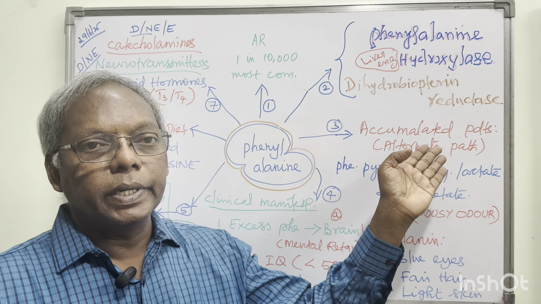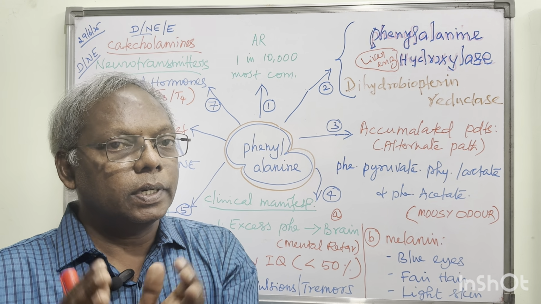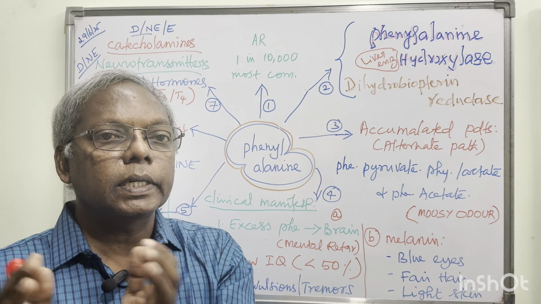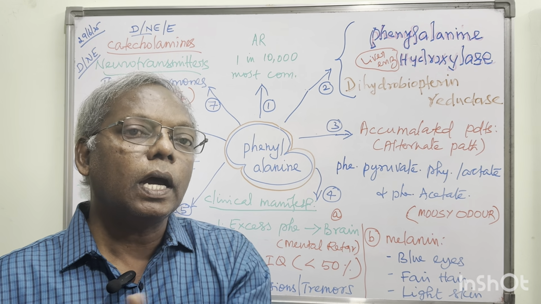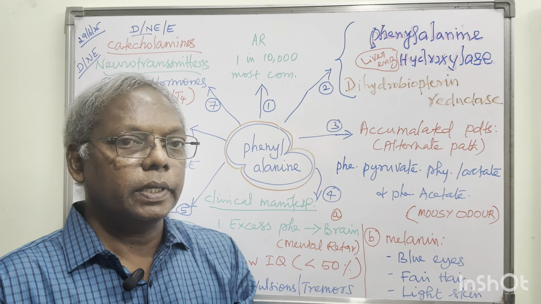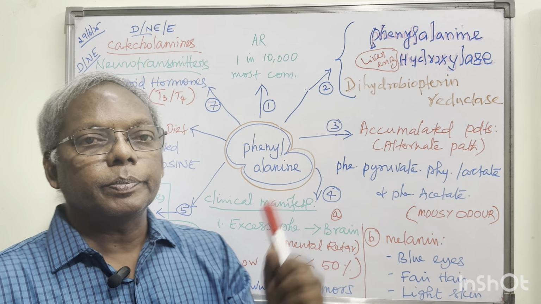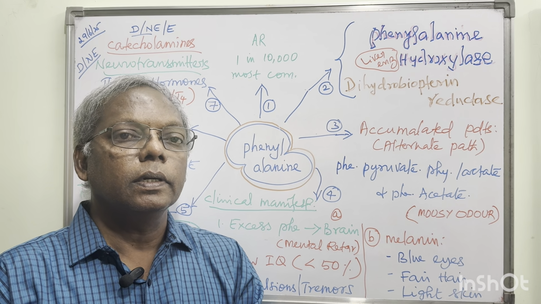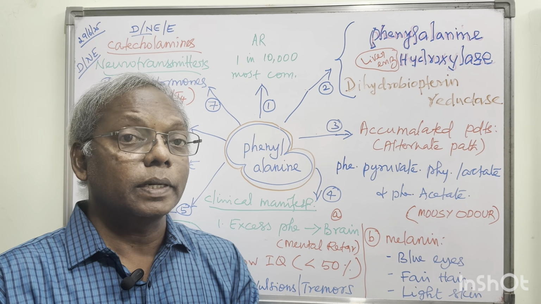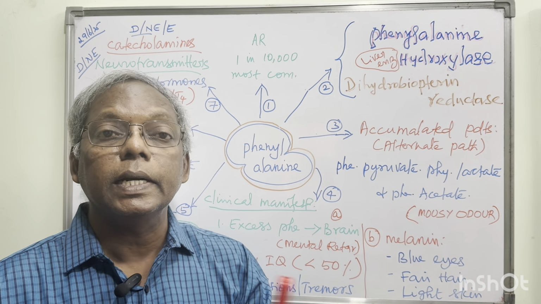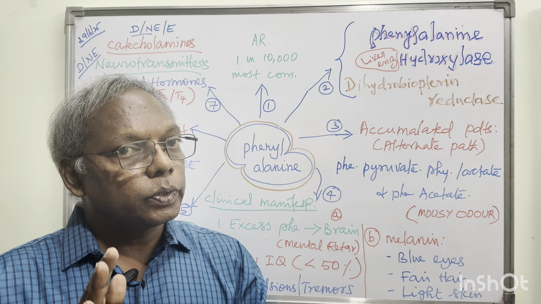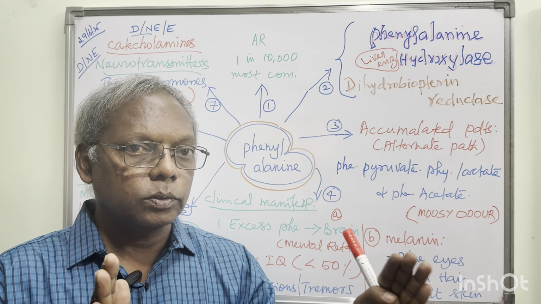After that, the accumulated phenylalanine will get converted into alternative products by an alternative pathway. The products synthesized from the alternate pathway are phenyl pyruvate, phenyl lactate and phenyl acetate. Usually phenylalanine is converted into tyrosine.